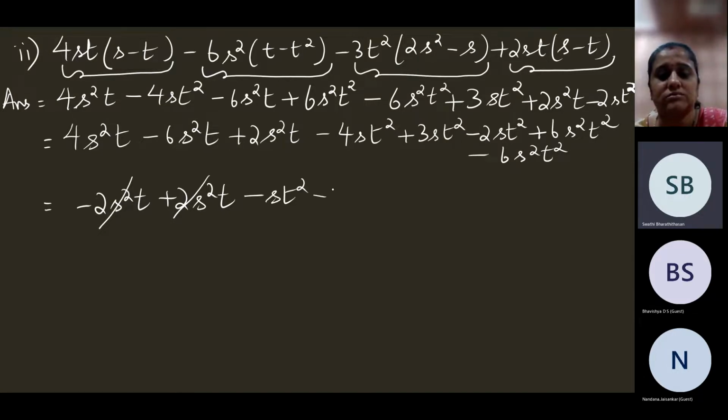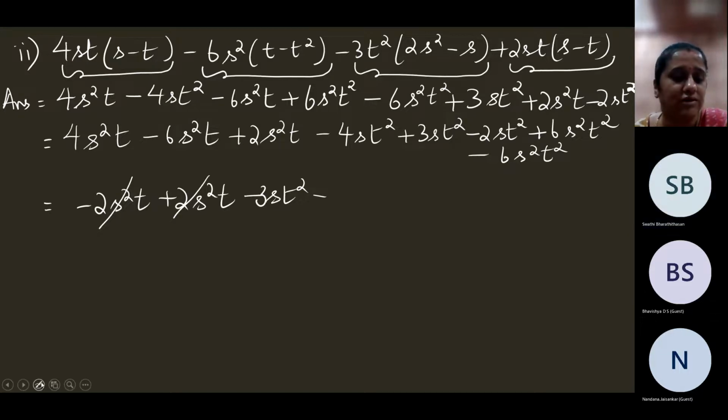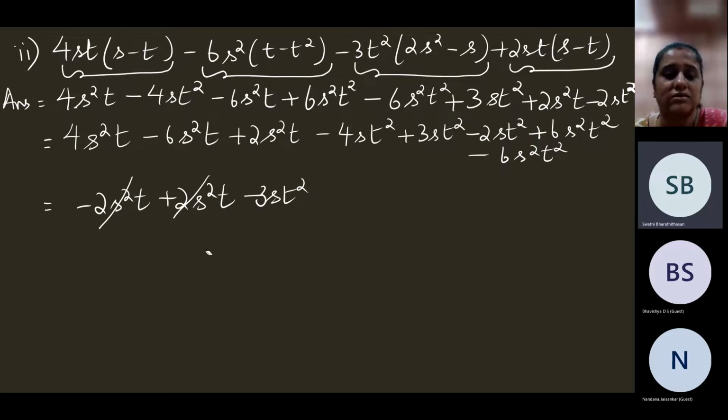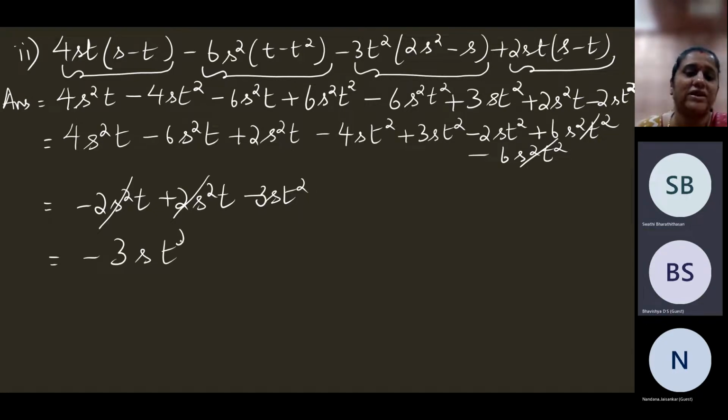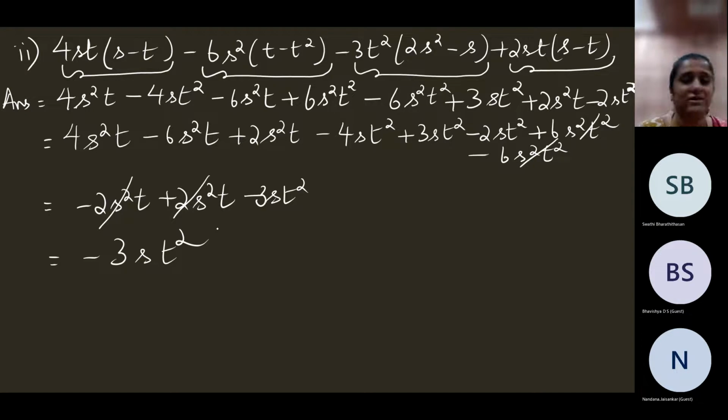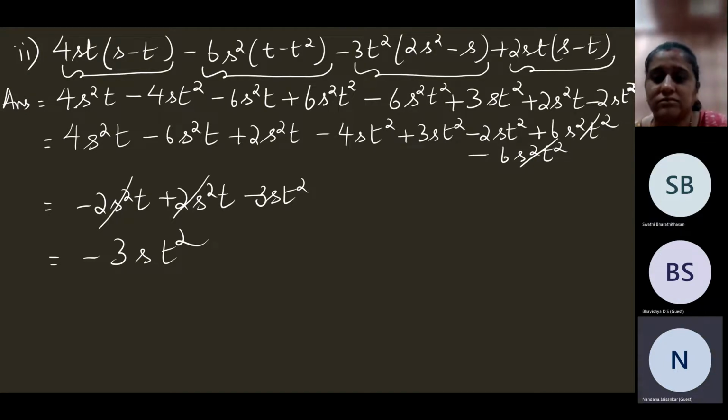Minus st square minus 2st square is minus 3st square, ma'am. Correct. And for the last one, 6s square t square, that was 0, ma'am. So what's the final answer? It is minus 3st square, ma'am. Very good, this is the correct answer. Minus 3st square. Perfect. Ma'am, can we write also like minus 6st square plus 3st square is equal to minus 3st square?